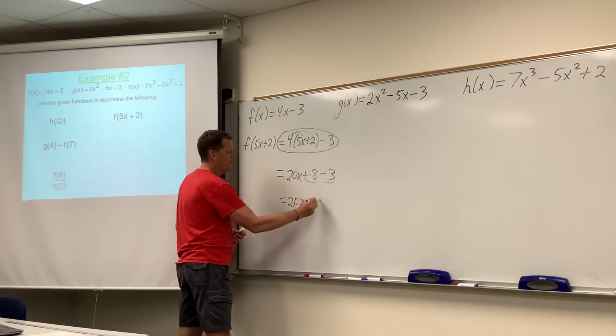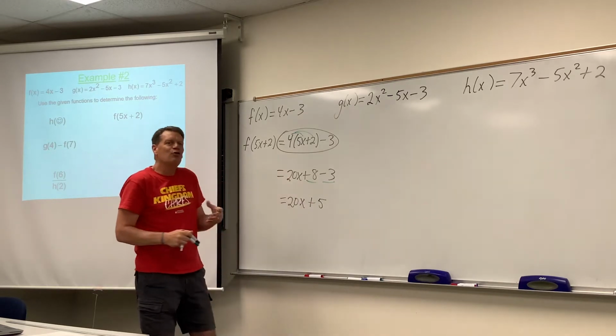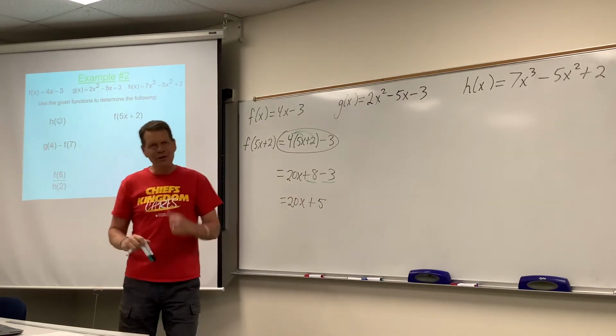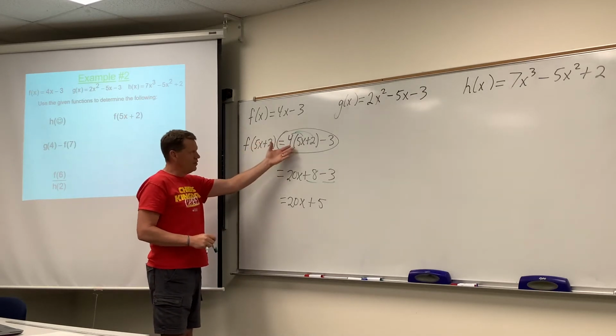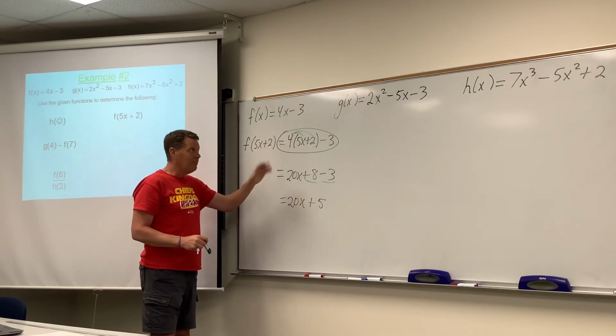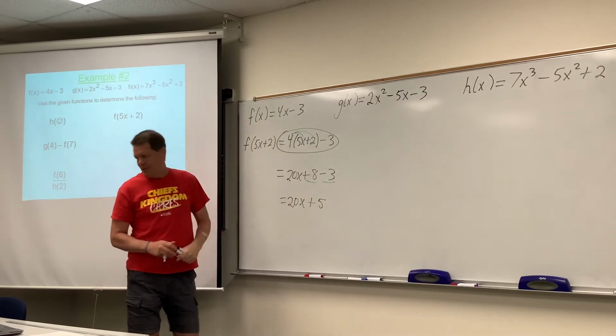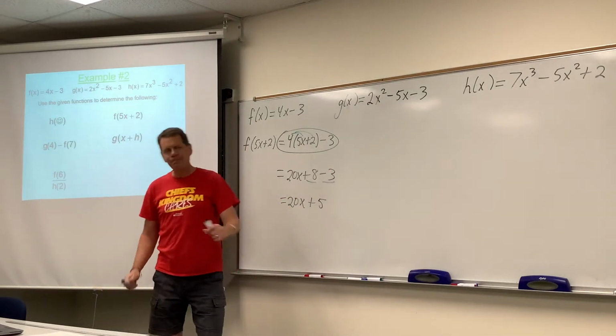So you don't have to do this. Just show me that you understood how to set the thing up. I would assume the simplification is not a big deal, okay? So, good enough. I'm cutting some corners here, folks. I'll just be the first to tell you.